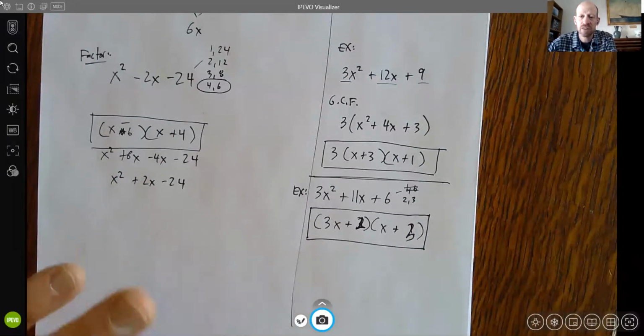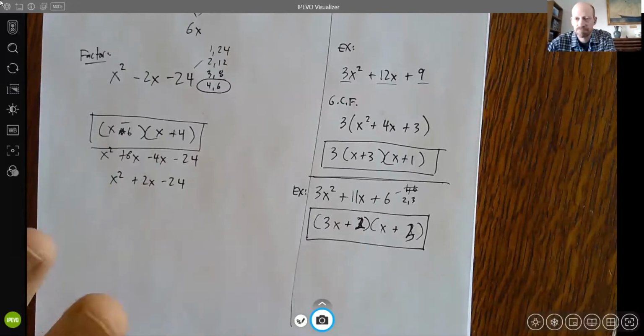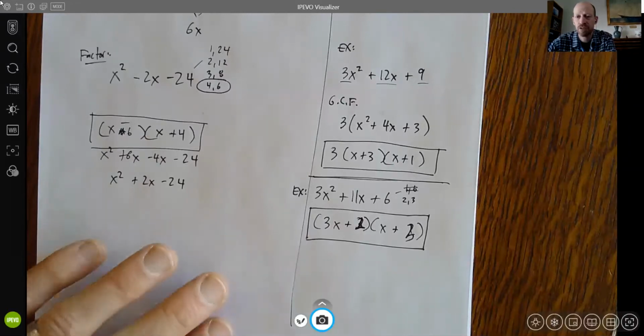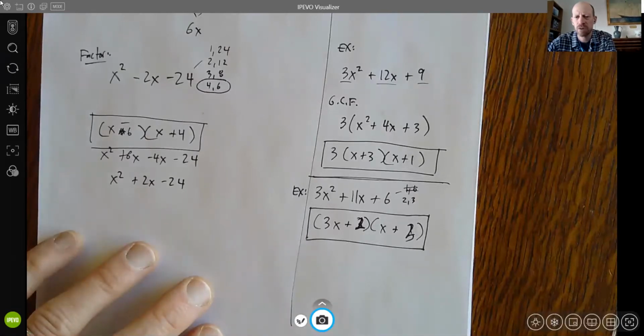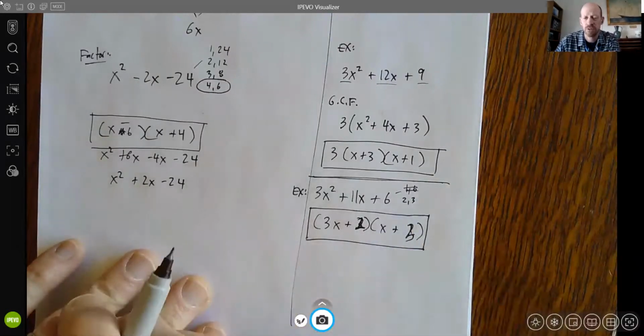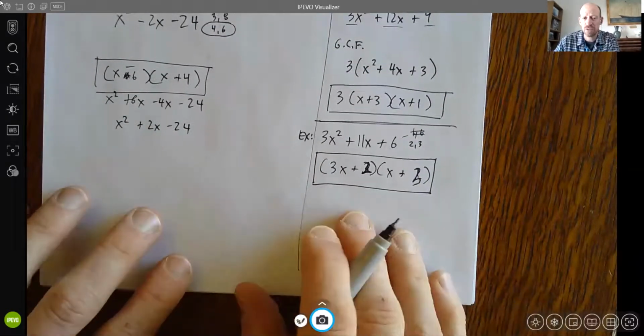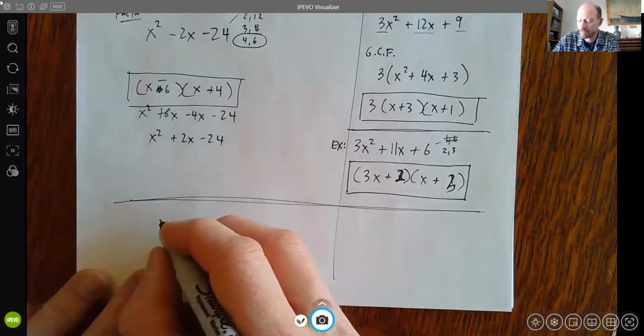Some of you will see some problems more quickly than others. That's great. But what matters is that we can get to that right answer. All of you will sometimes get stuck on ones and you'll have to fall back on just trying some options. It is true, as I said before, that not every polynomial factors.